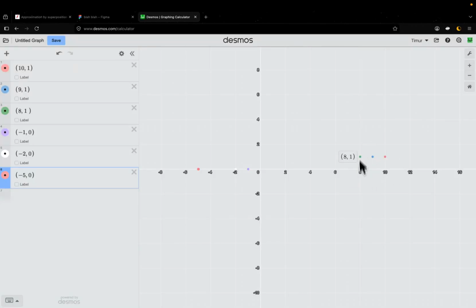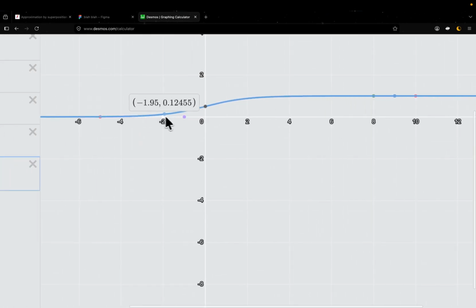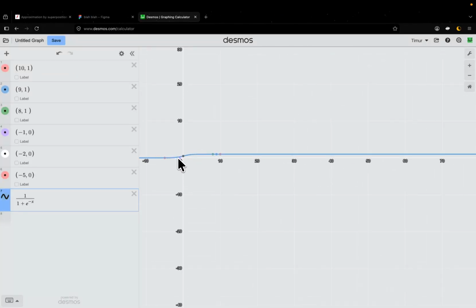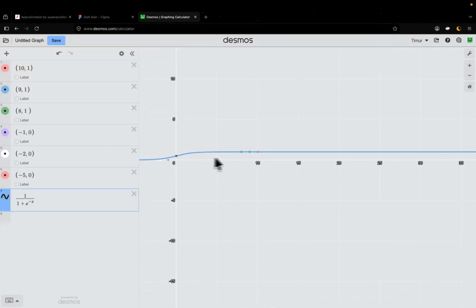So if x is 8, then y is 0. And we can basically approximate it by our sigmoid again. So it actually shows that our sigmoid basically works. Of course it has some mistakes, but still, it just works.